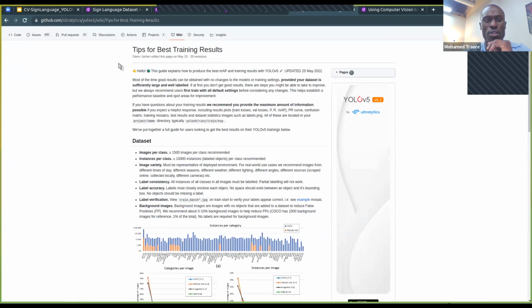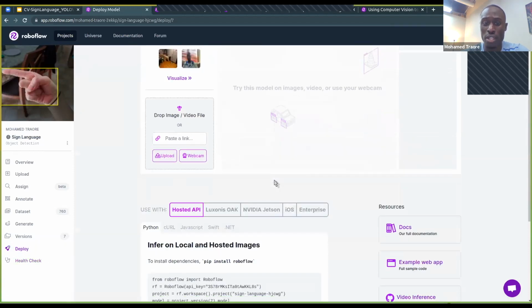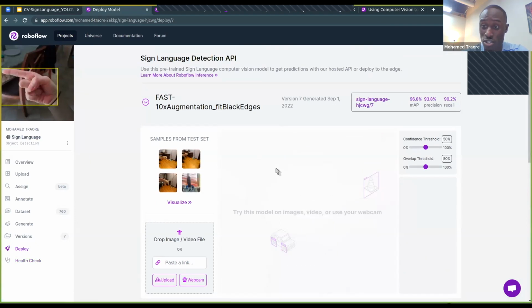But the other thing I would really focus on, again, is just looking at your class balance, getting some null image examples in there. And what you can do is use one of your free Roboflow training credits to just train a one-off model and see how that model is performing in real time with your webcam or with the deploy tab. And then from there, use active learning to do smart sampling.